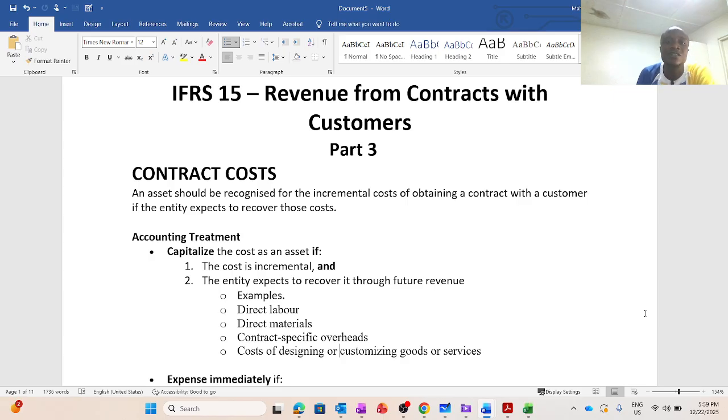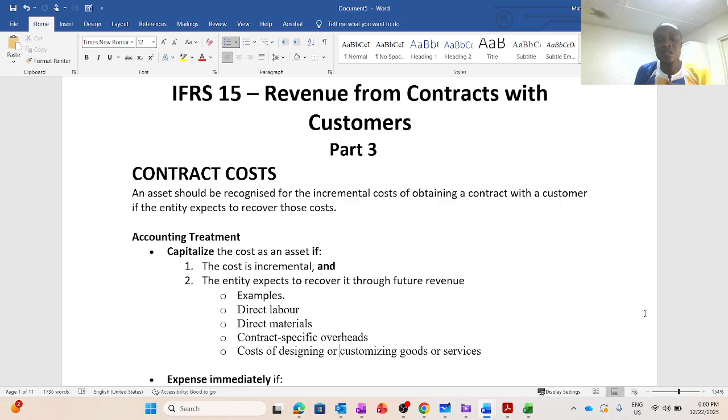Today, we are going to continue IFRS 15, the revenue from contract with customers. For the previous two lectures, we have covered the fundamentals as well as the 5 stages for revenue recognition according to IFRS 15. So today, we are going to expand on the fifth stage, the recognition of revenue.